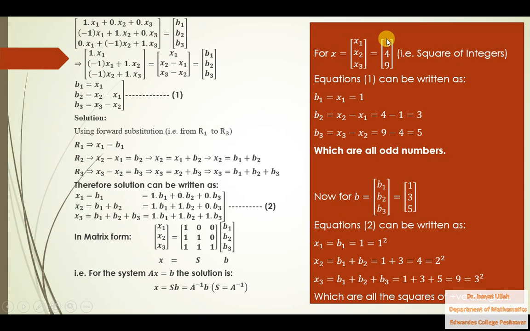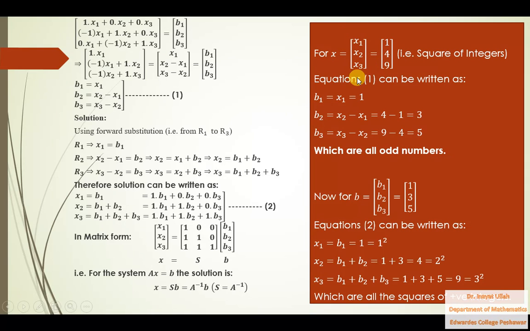This one is the square of 1, 4 is the square of 2, and 9 is the square of 3. You can extend this vector up to x4, 16, the square of 4, and so on.